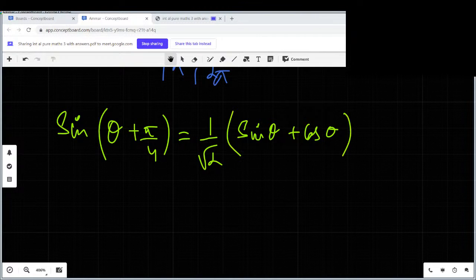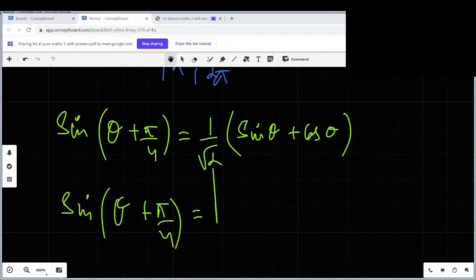Then that is equal to 1, so sine of theta plus pi by 4 is equal to 1 over root 2, and then theta plus pi by 4 is equal to sine inverse of 1 over root 2.